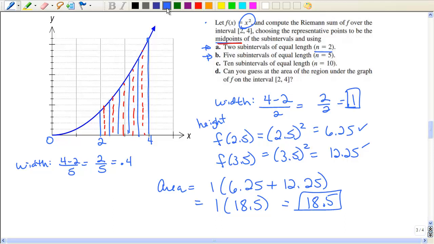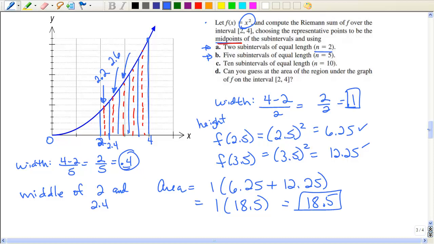Okay, well, let's look at it common sense wise. The first endpoint is 2, and I have a width of 0.4, so this is 2.4. So what is in the middle of 2 and 2.4? Well, you would add them together and divide by 2, or just look at the middle, it would be 2.2. So if the first midpoint is 2.2 and your width is 0.4, the next one would be 2.6.